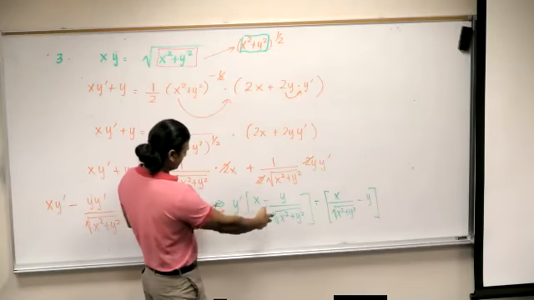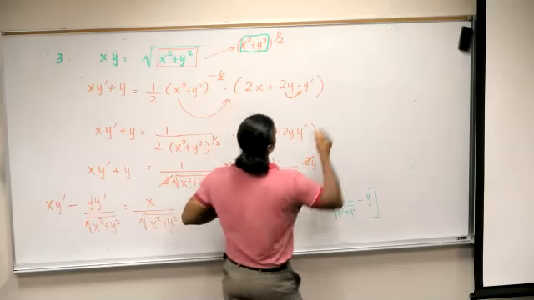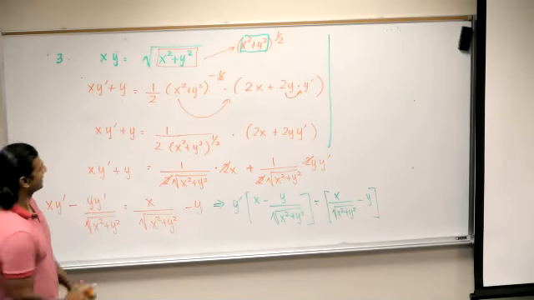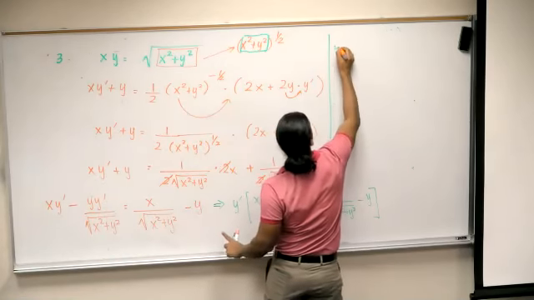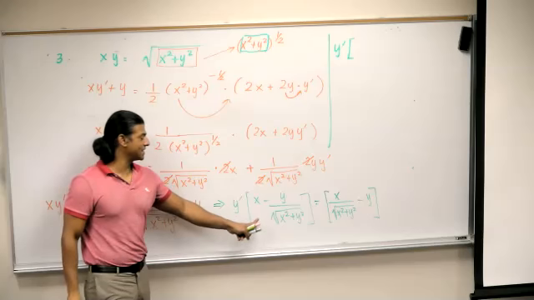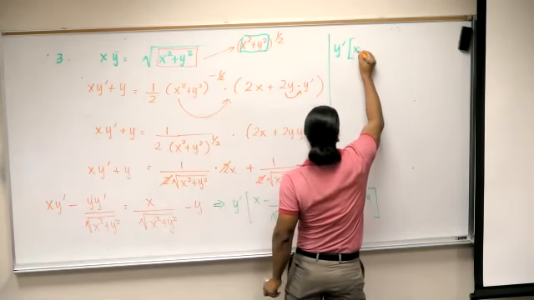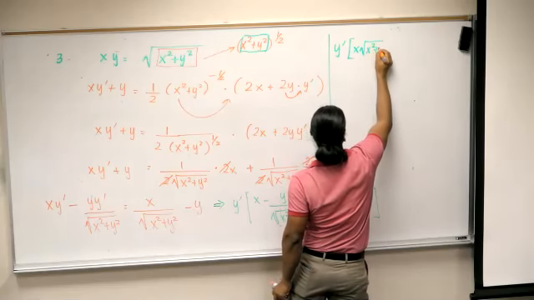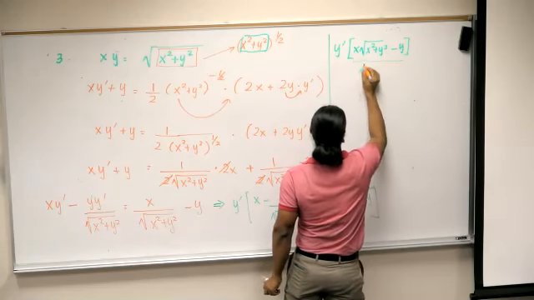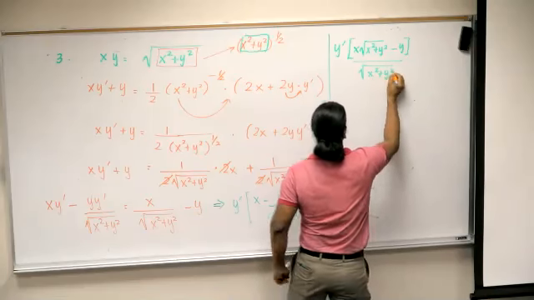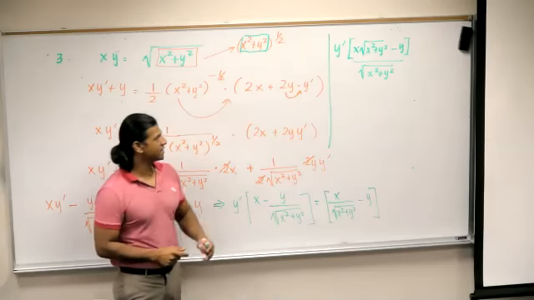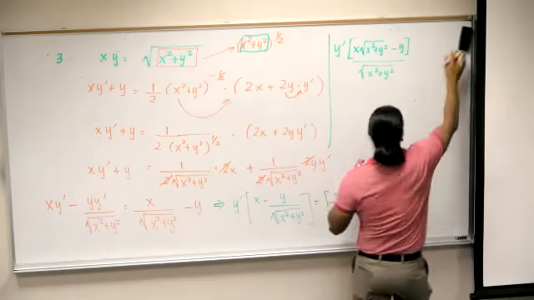So if I took the common denominator, y prime I can rewrite as x square root of x squared plus y squared. Common denominator, right? I'm combining this with that. Do the same thing on the other side.